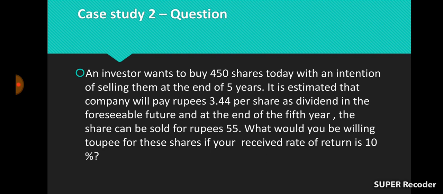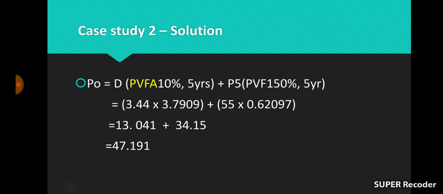It is an annuity, which we already discussed in previous classes. So let us apply the equation like this. That is P0 is equal to D into present value factor annuity at 10% for 5 years, because here we are getting the same amount of dividend, that is an annuity, for 5 years.